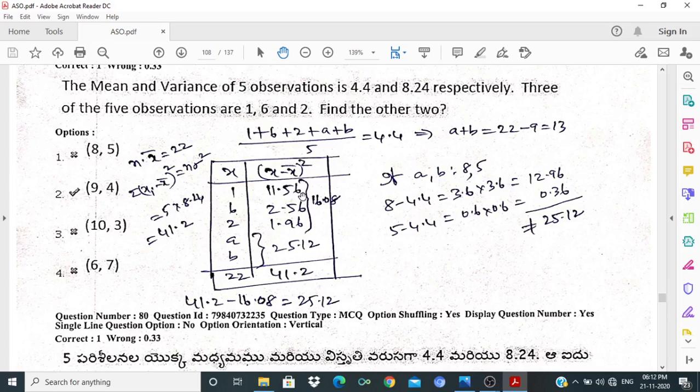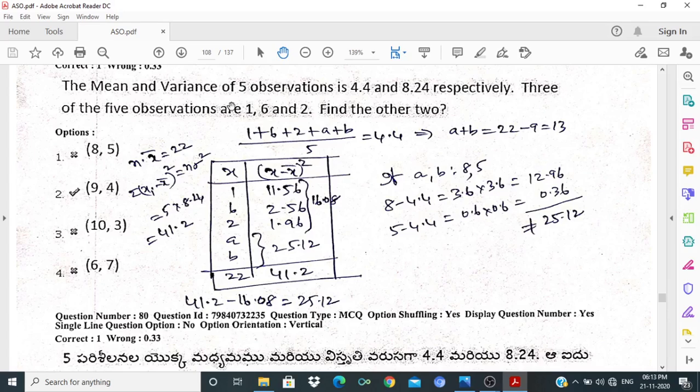We know that x bar is 4.4. 1 minus 4.4 whole square is equal to 11.56. 6 minus 4.4 whole square is equal to this. 2 minus 4.4 square is equal to 5.76. We know that this is 41.2 because sigma xi minus x bar whole square by n is equal to sigma square. This is 5 into 8.24.